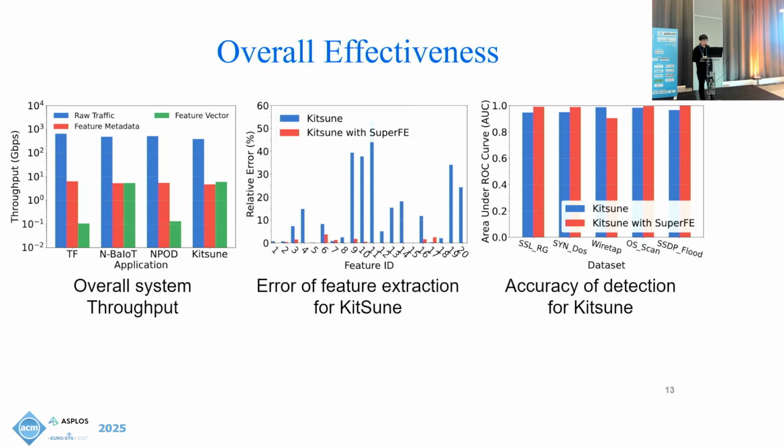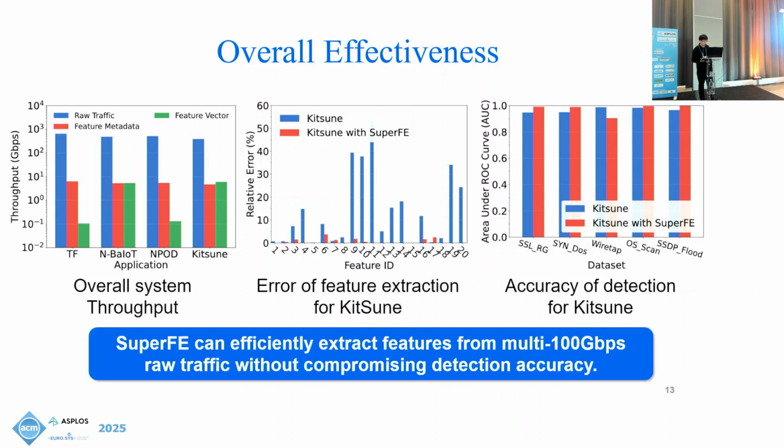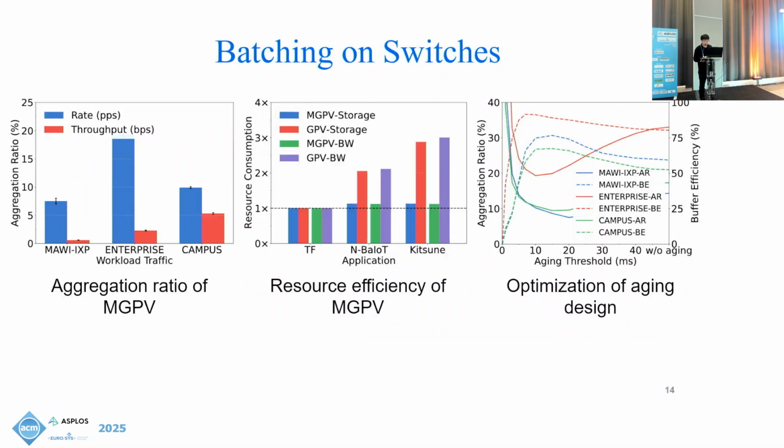The middle figure shows the relative error of feature vectors produced by the original Kitsune and SuperFE. And the right figure shows the detection accuracy of the original Kitsune and Kitsune with SuperFE. As we can see, SuperFE can efficiently extract features from multi-hundred gigabits per second raw traffic without compromising detection accuracy.